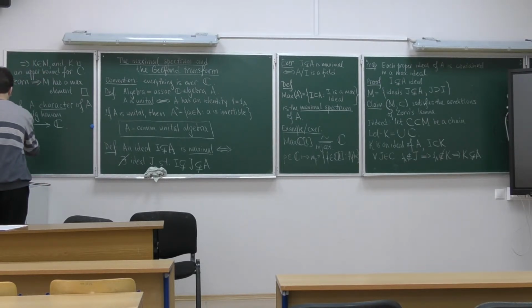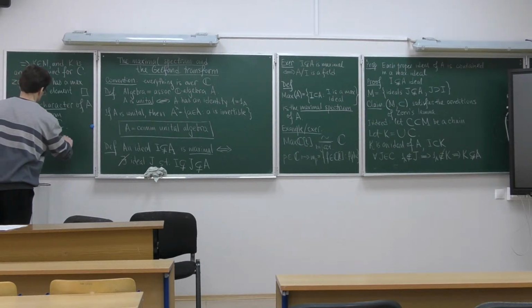Let's also observe that since our algebra A is assumed to be unital, if chi is non-zero, then it automatically preserves the identity. It is unital.